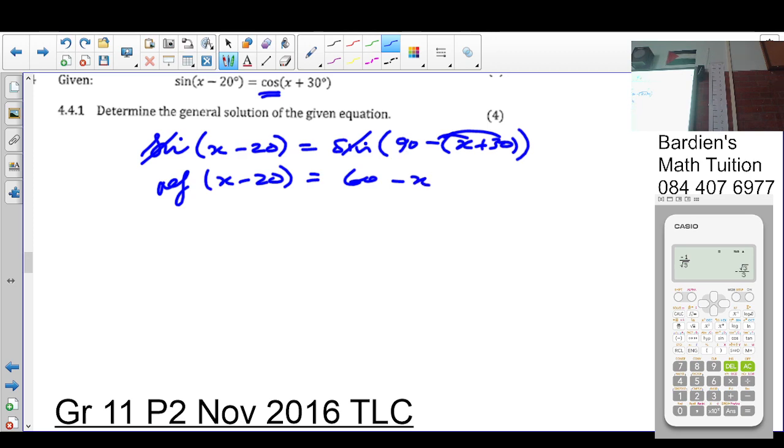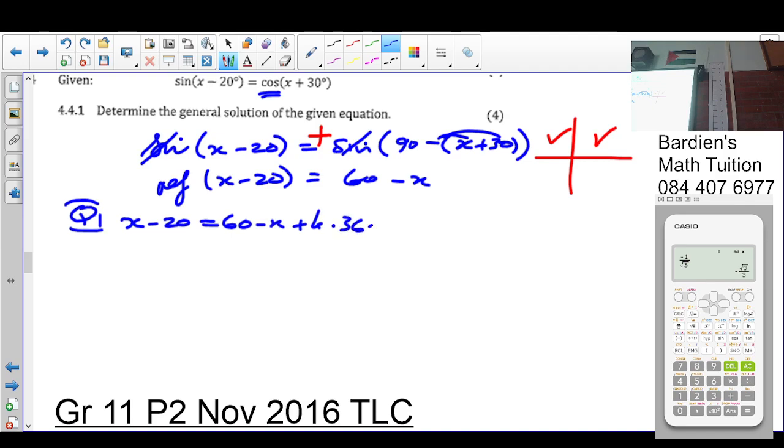Okay. So the question comes to mind, in which quadrant is sine positive? 1 and 2. So let's go with quadrant 1. What do I write for quadrant 1? x minus 20 is equal to 60 minus x plus k times 360.